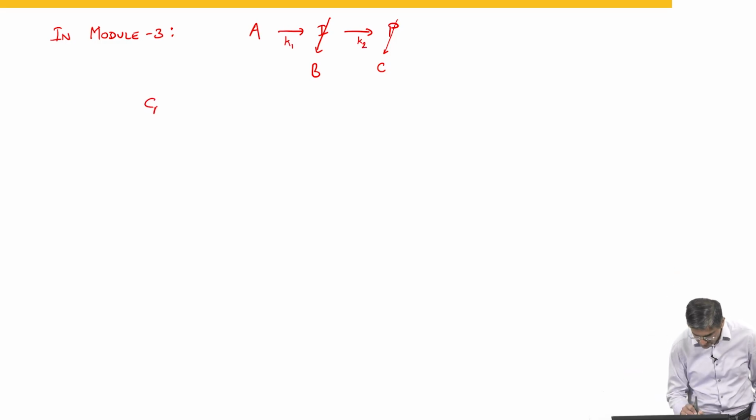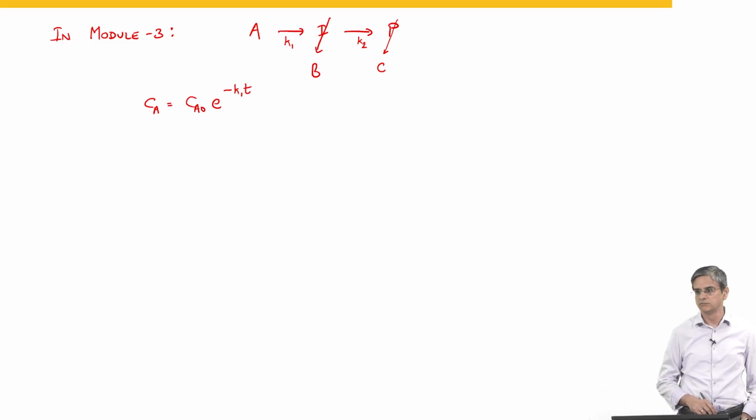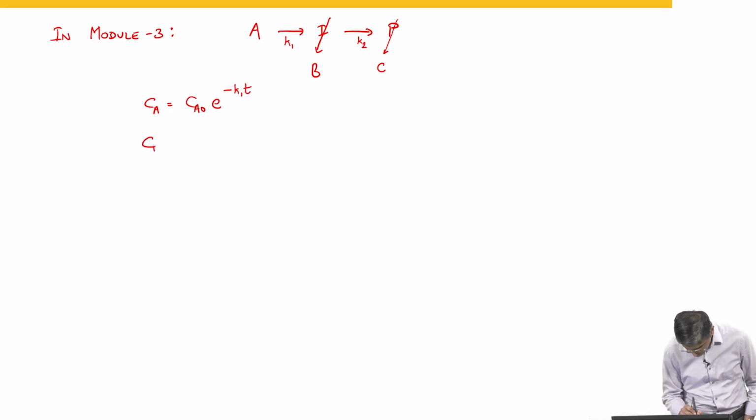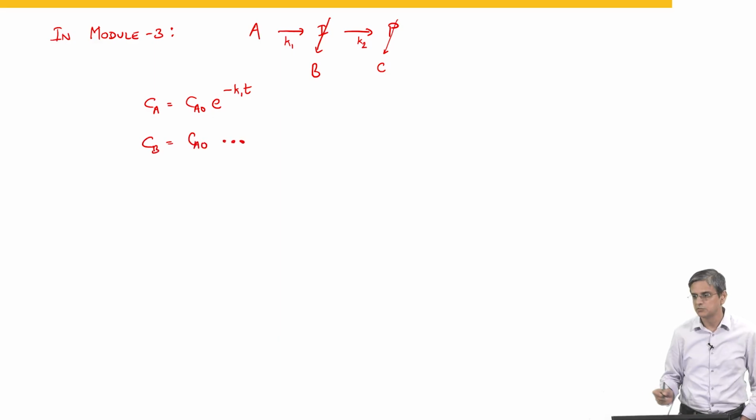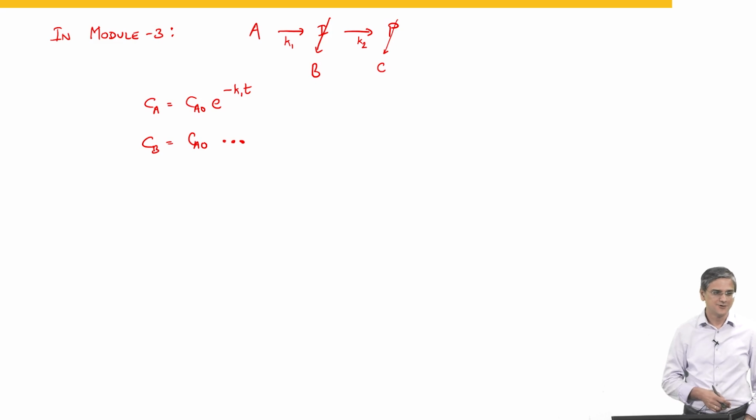So, we then obtained Ca, right. I don't remember the details, so you can just open up your module 3 and look it up. We'll do this on Monday.